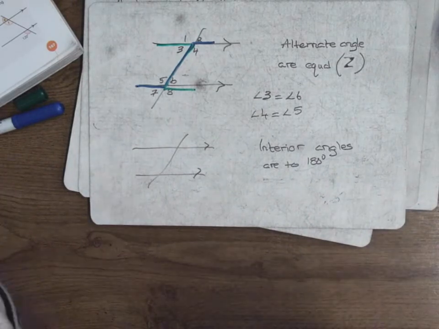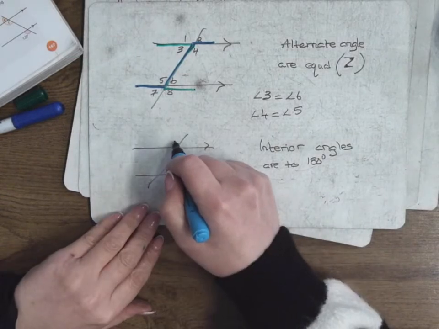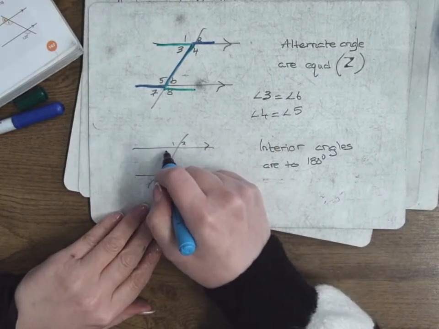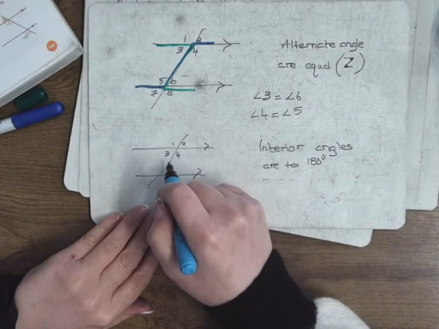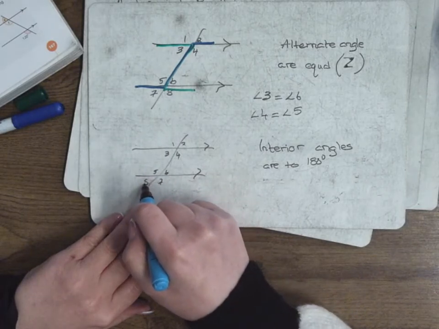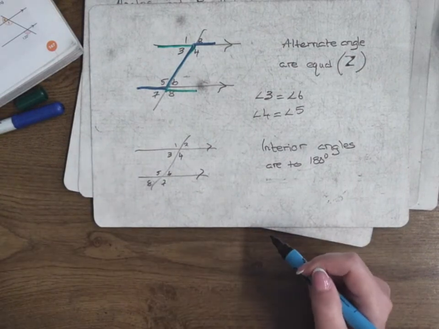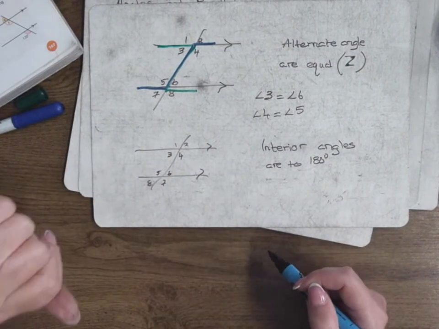So they have to be inside the parallel lines. So the ones inside and to the left. So if I go 1, 2, 3, 4, 5, 6, 7, 8. Inside and to the left. So there's between the parallel lines, right, and to the left of the transversal.